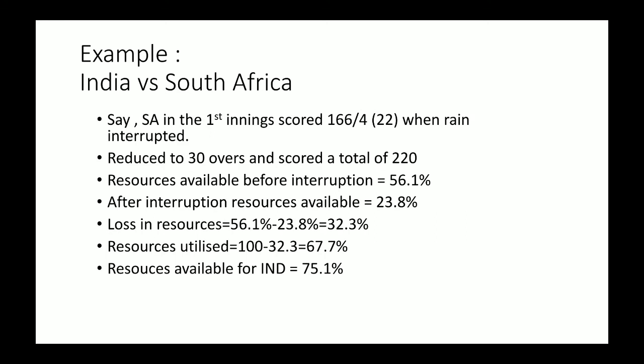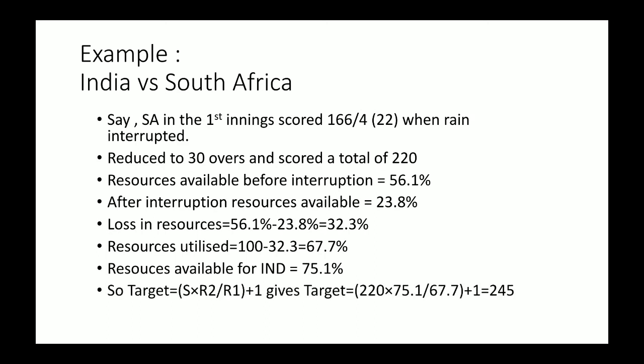This is already predefined. This table is made by considering some of the historic matches in cricket history. We cannot manipulate this table. So we will simply substitute all the values in the formula that I have already defined.